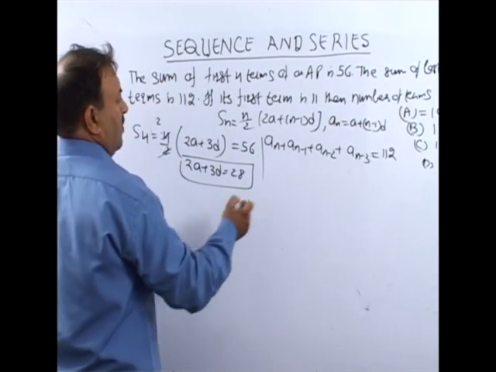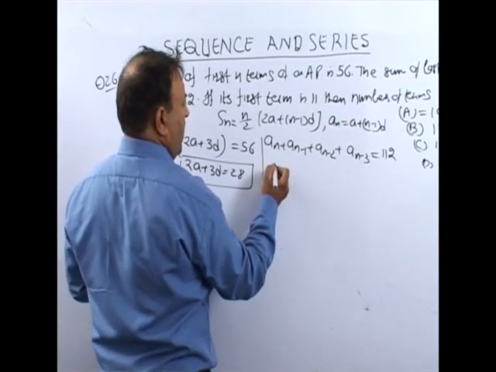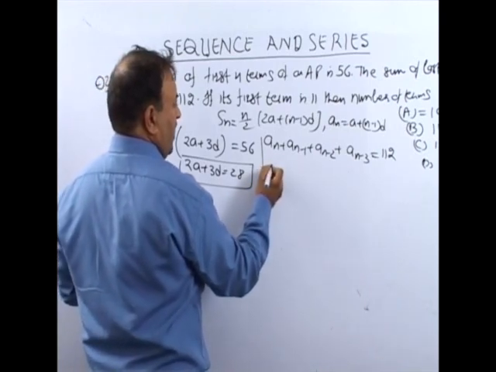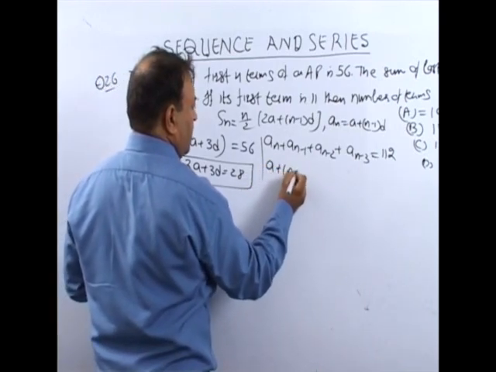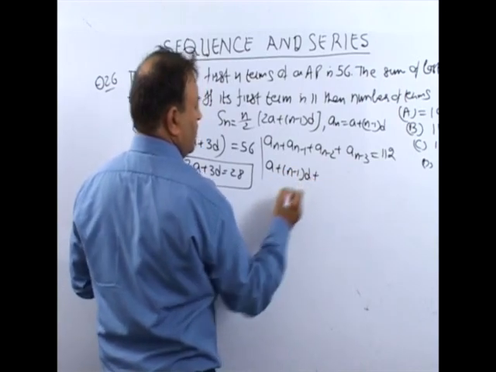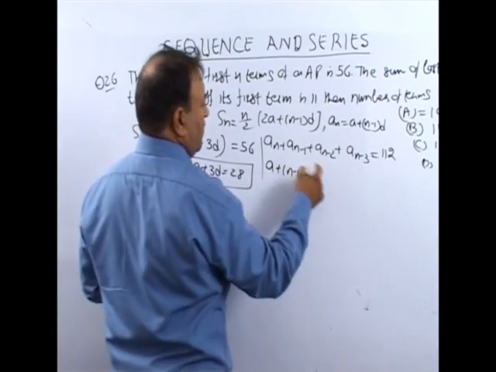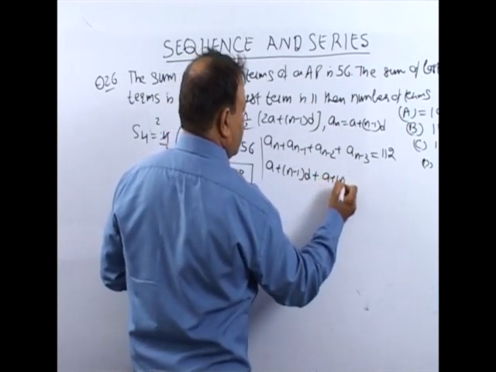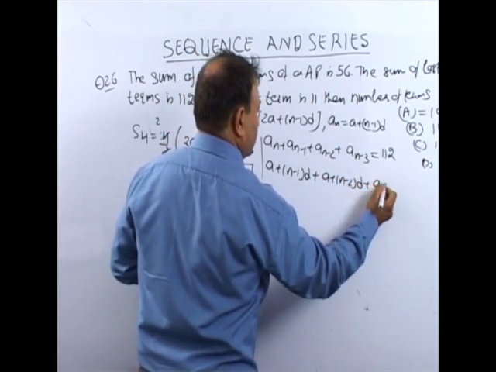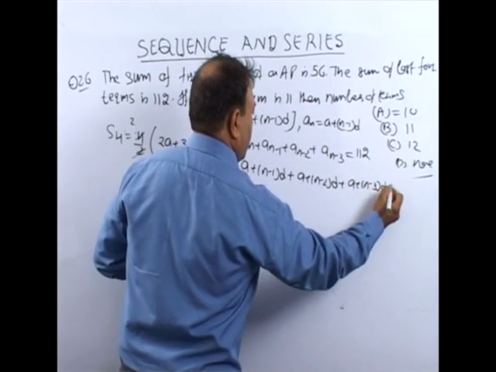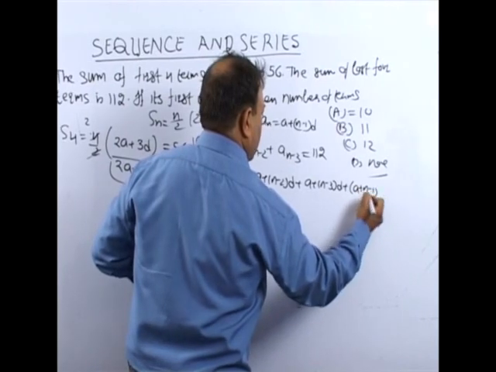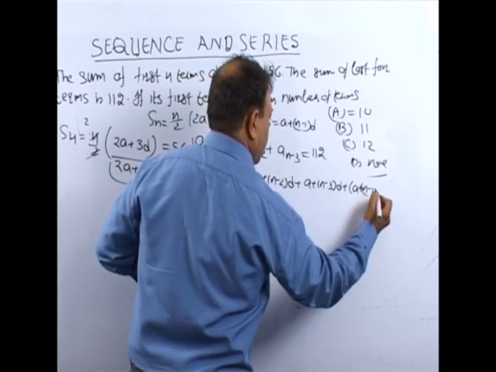So an is a plus (n minus 1)d, plus a plus (n minus 2)d, plus a plus (n minus 3)d, plus a plus (n minus 4)d.